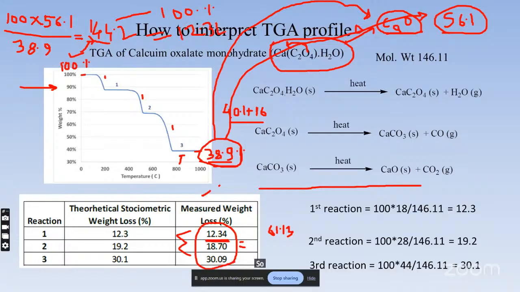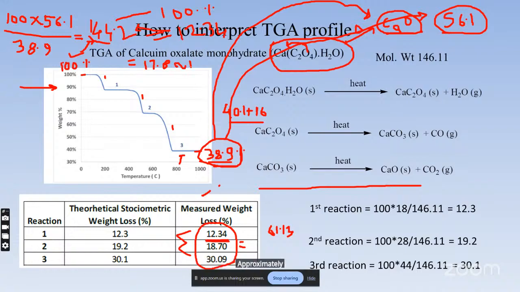So you make cross calculation: 12.34 into 144.2 divided by 100. 17.79 means 17.8 we will have, which is approximately equal to 18.